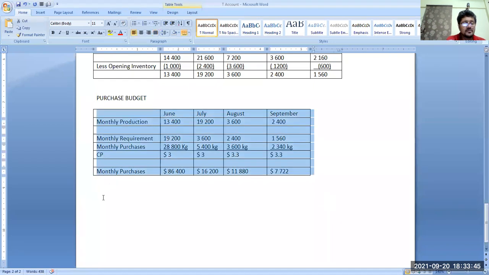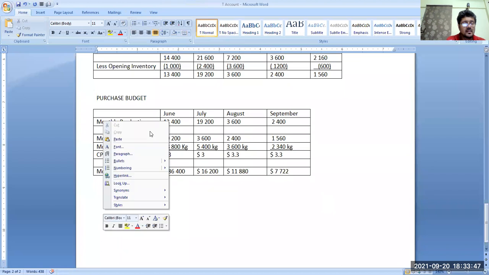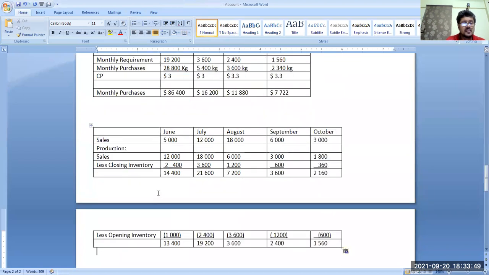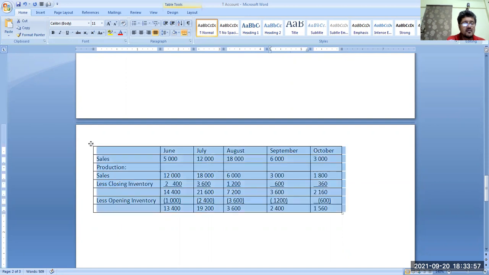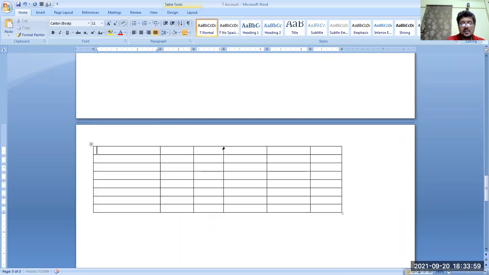Now, paste. Take it to the next page. I don't need these two columns.